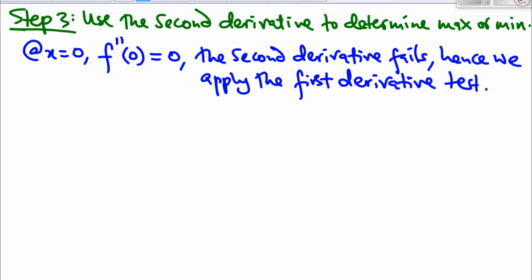You have a sign diagram of x values, but what we want is the signs of the gradient. That's what you're interested in.